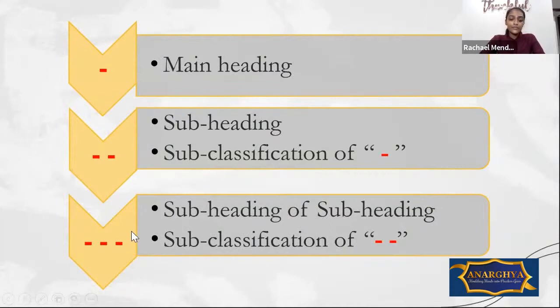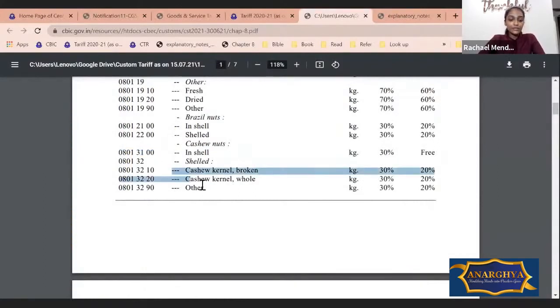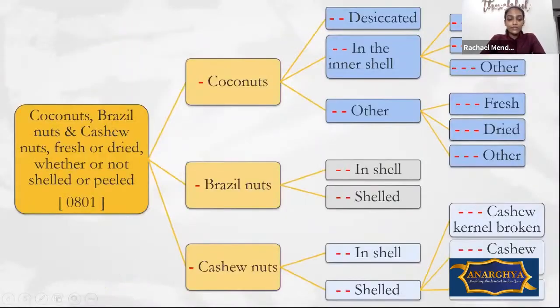So it is a subclassification of the immediately preceding double dash. As you can notice here, there are 3 triple dashes. These form the classification of the immediately preceding double dash, that is shelled. The same can be seen here in a chart representation.